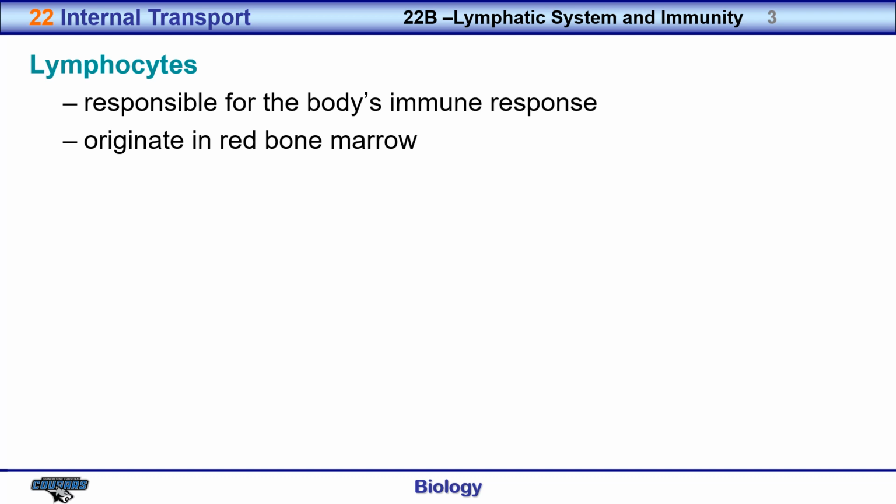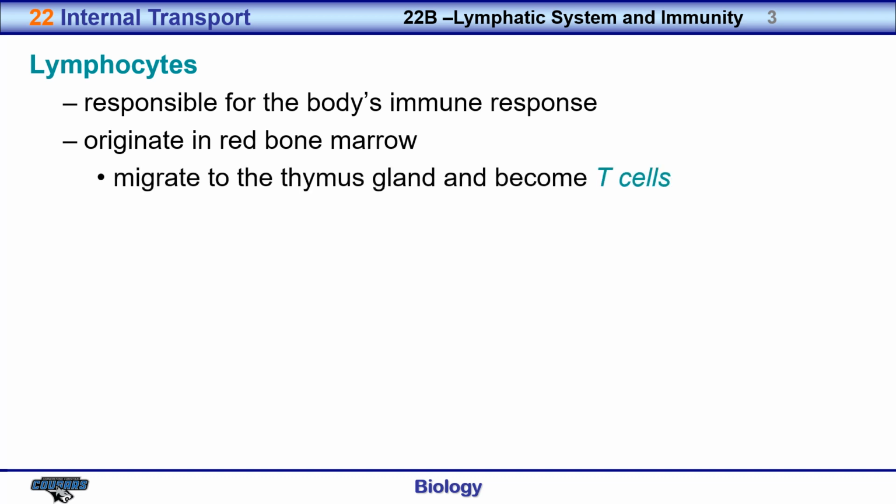Remember, they come from the hemocytoblasts that are responsible for making these different kinds of blood cells. And during fetal development, some immature lymphocytes migrate to the thymus gland and they become T cells.